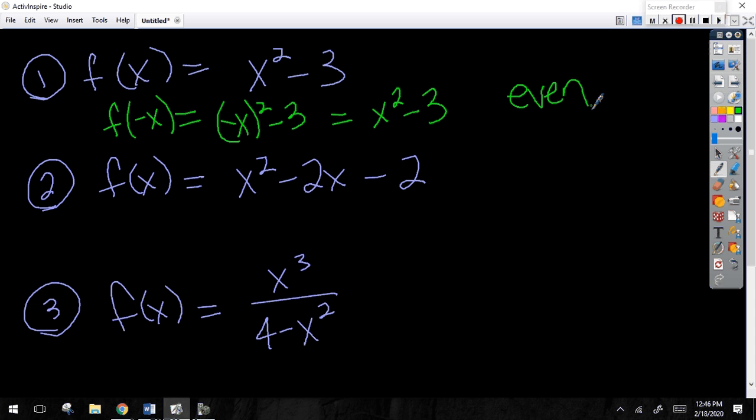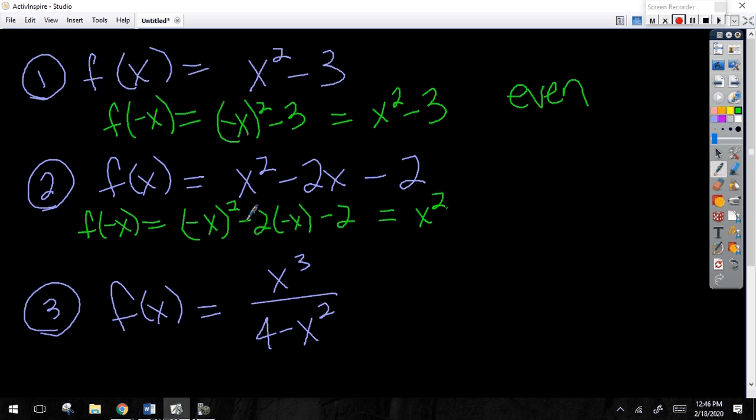When you plug negative x in for the second one, so negative x squared minus 2 negative x minus 2. The first one becomes positive, right? This one, I got negative 2 times negative x, so plus 2x minus 2. Neither.